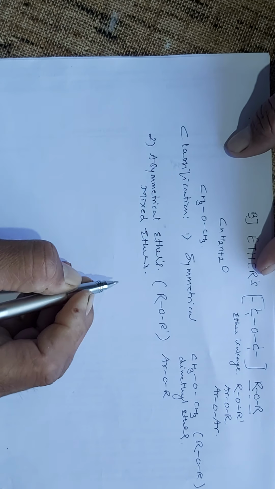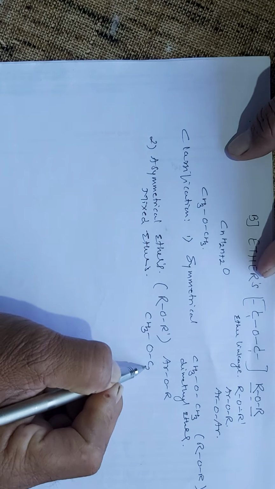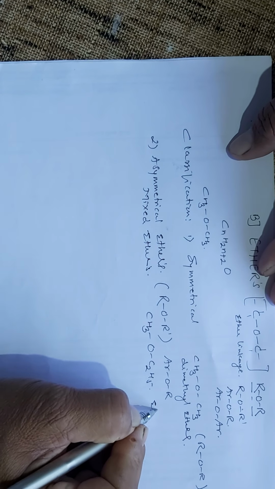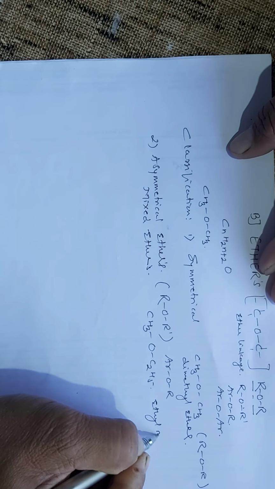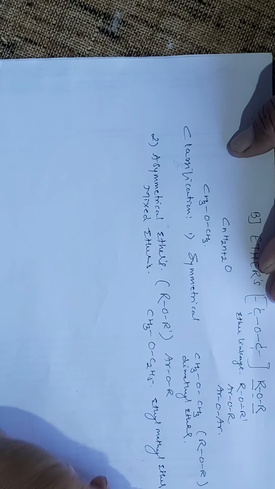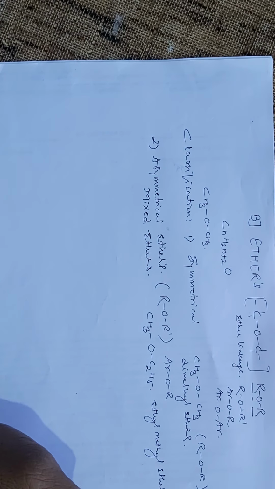The example for this is the ethyl methyl ether. In this way the different types of ethers are formed, and they may be symmetrical or asymmetrical ethers.